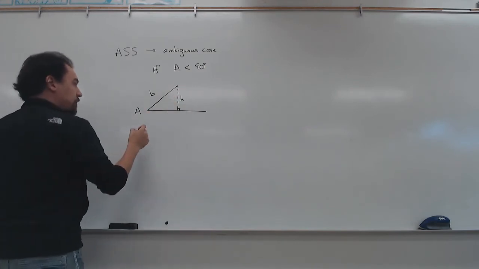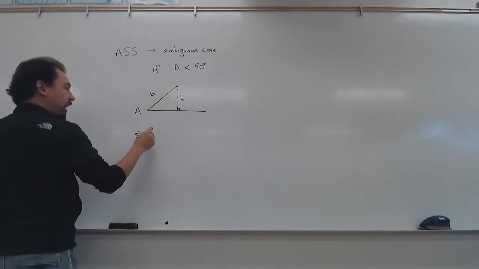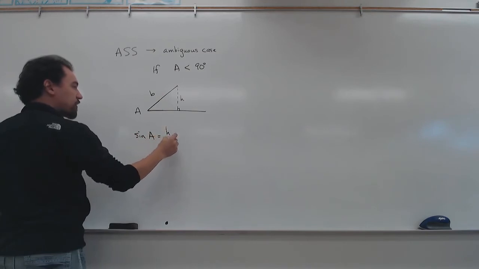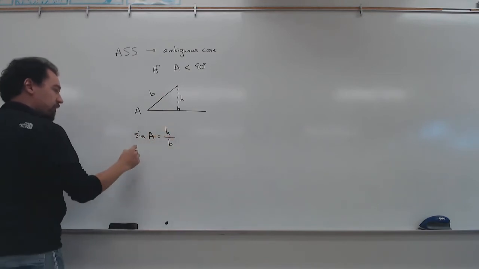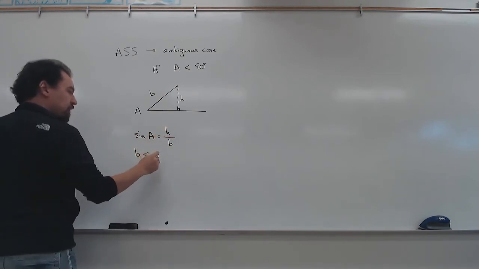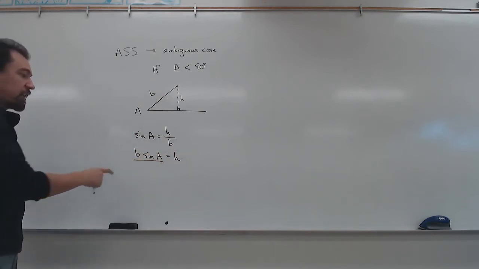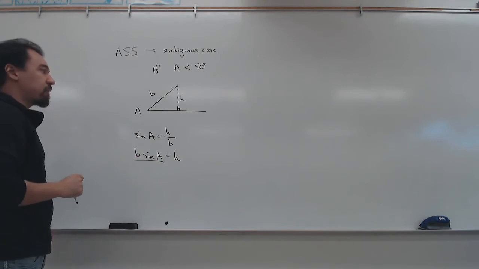Now I'm able to write down that sine of angle A is equal to opposite over hypotenuse, so the altitude is h = b sine of angle A. And these are both pieces of information that are given.